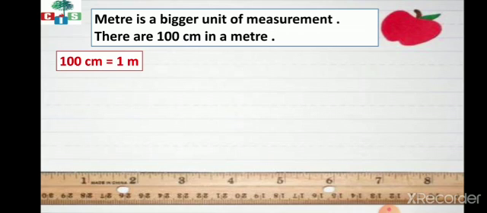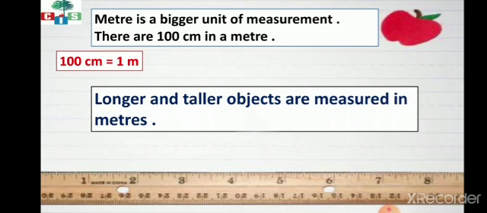Whenever we measure longer and taller objects, they are always measured in meters. If you want to measure your pencil, you can measure it with your scale, right? If you want to measure your compass box, you can measure it with your scale. But if you want to measure a cloth, then you will use a measuring tape and you will get it in meter, right? Now let's move to the next slide.